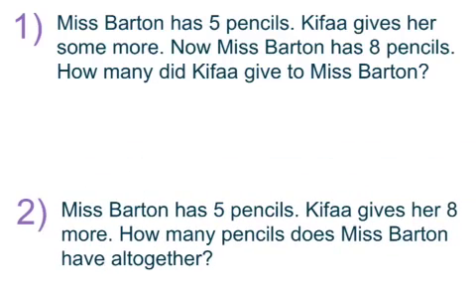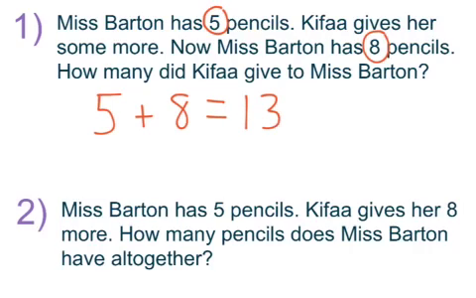Many first grade students do not read the problem. They simply look for the numbers. They see a 5 and an 8 and they solve. They might put 5 plus 8 equals 13. Number 2 story problem, they will do the same thing.